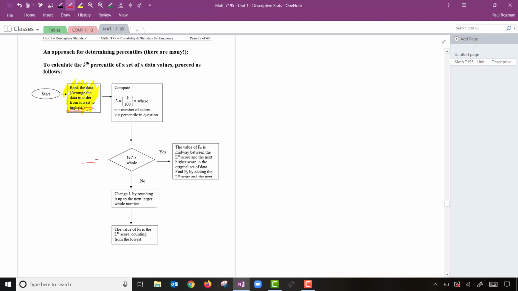That's where this decision comes in: if our location ends up being a whole number, we'll do one thing, and if it ends up being a fractional number, we'll do something else. If it's a whole number, we look at that spot in the list and take the average of that value and the next one, basically bumping it up a little bit.